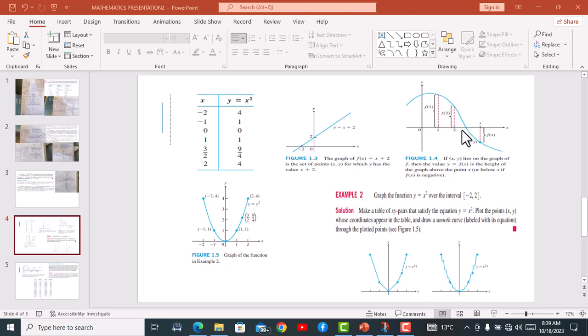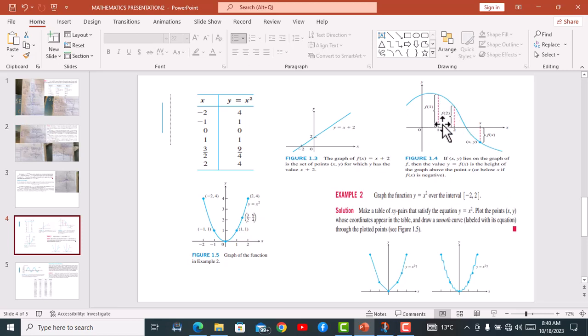For example, let's say the value is 3, just for argument's sake. The height is at 0. And when you increase the value of x and maybe make it 4, the height begins to be negative. The values of y are negative. So this is the relationship. For a value of x that is smaller, you get a higher height, and as you increase the values of x, the height decreases.